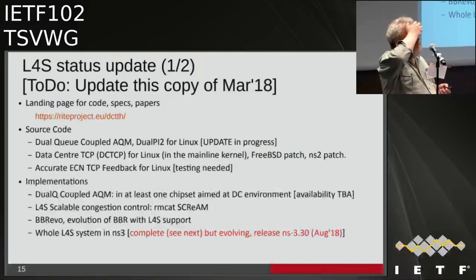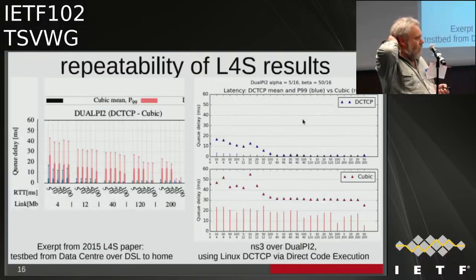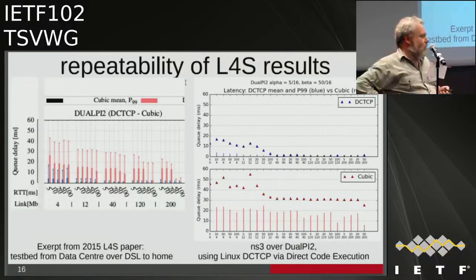So there's a couple of status updates on L4S, and I just want to pick out one thing on this, and that is the implementation at the bottom there in NS3 is complete, but still evolving. It will be released August 18. That slipped from the last time I said it, and it's been validated by comparing with the original L4S experiments, which are on the left, with essentially very similar results.